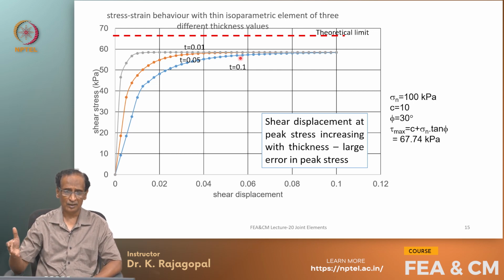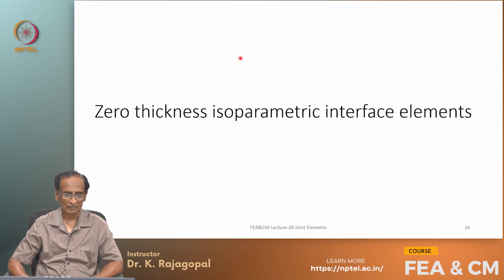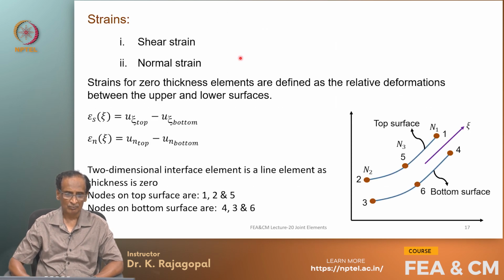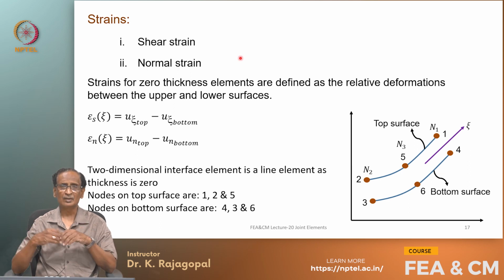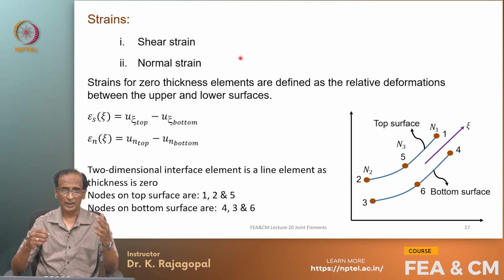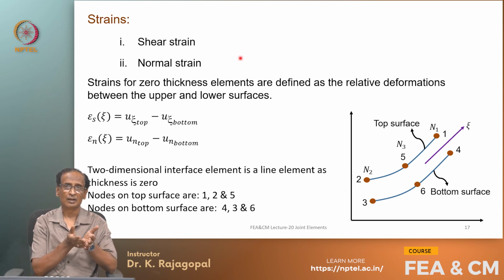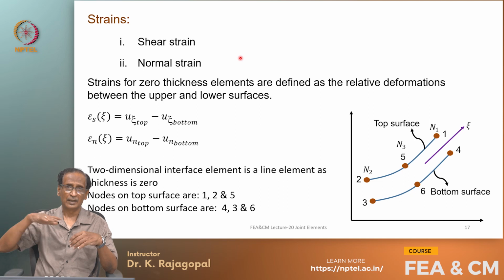So, we need to go in for some other type of elements, and more recently, the zero thickness interface elements have become very common. Initially they were developed in the generalized coordinate method, compatible with say the 3-node triangles or 4-node quadrilaterals, and they are only suitable for planar surfaces.